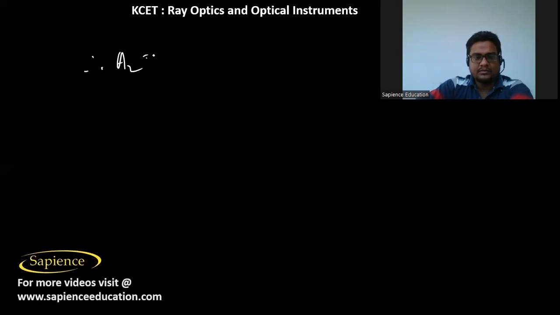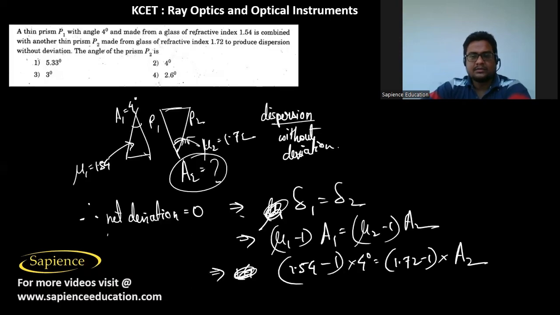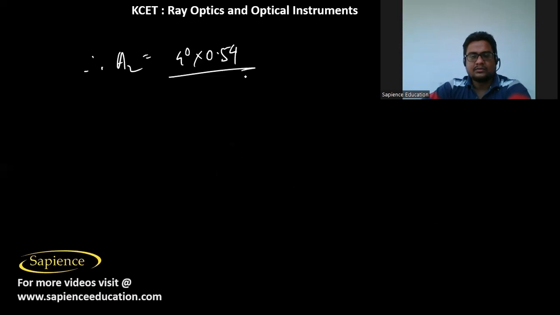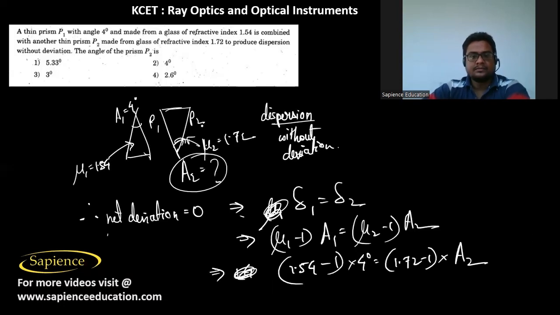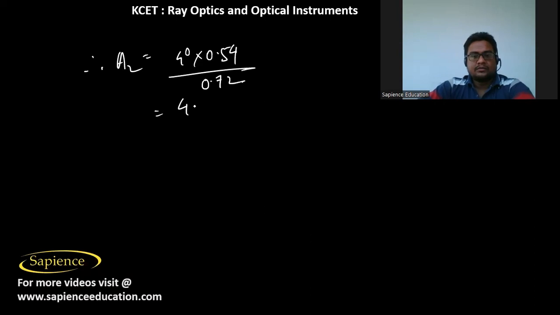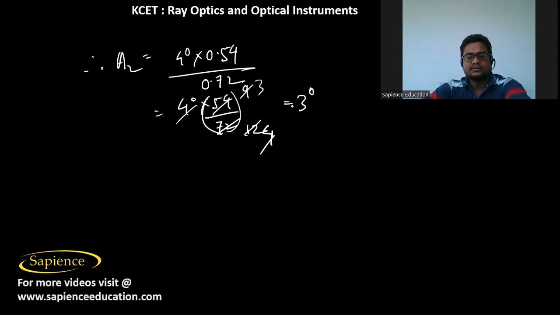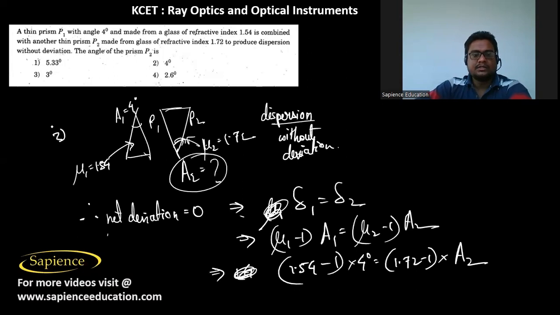Therefore, A2 will be equal to 4 degrees into 0.54 divided by 0.72. So it will be 4 degrees into 54 by 72. 6 nines are 54, 12 sixes are 72, so 3 sixes are 18, 3 fours are 12, which is equal to 3 degrees. So option 3 is the correct answer.